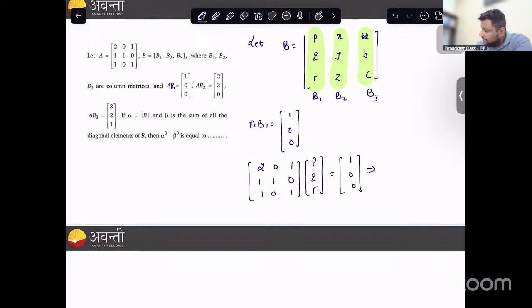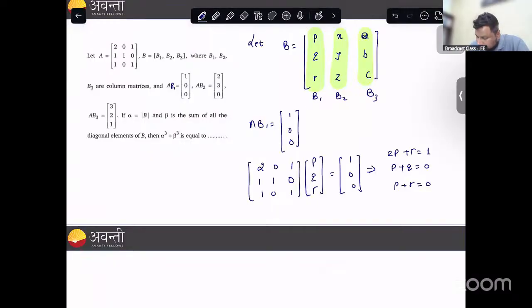So this implies, now see, 2P plus R will be 1. P plus Q is going to be 0. P plus R is also going to be 0. All right. So I multiplied and compared each one of them. So 2P plus R is 1, P plus Q is 0, P plus R is 0.